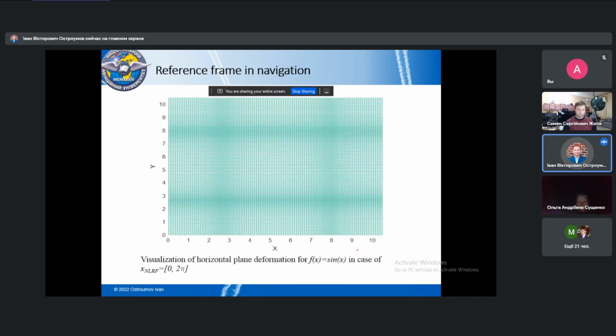And if we represent the horizontal frame in linear scale of the non-linear function, it looks like this for sine and cosine, because sine and cosine will be at maximum in some period.